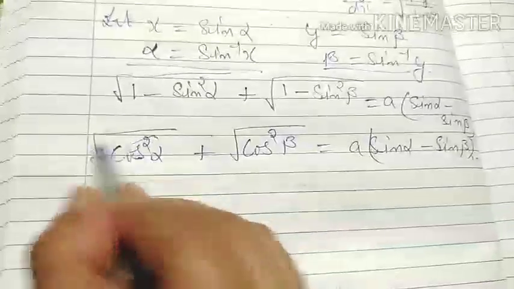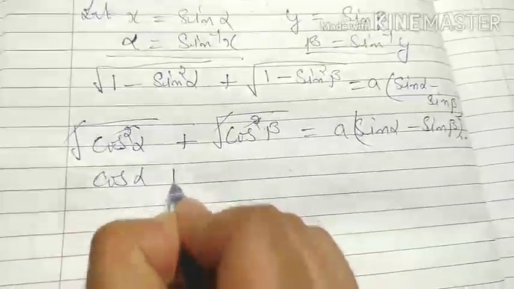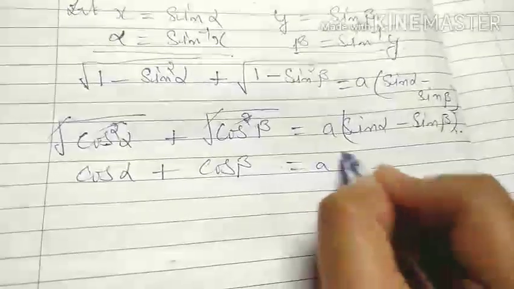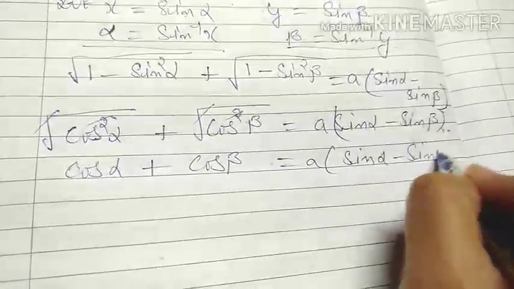Now square is cancelled with the square root. Here also square is cancelled with the square root. Only left cos alpha plus cos beta is equal to a times (sine alpha minus sine beta).